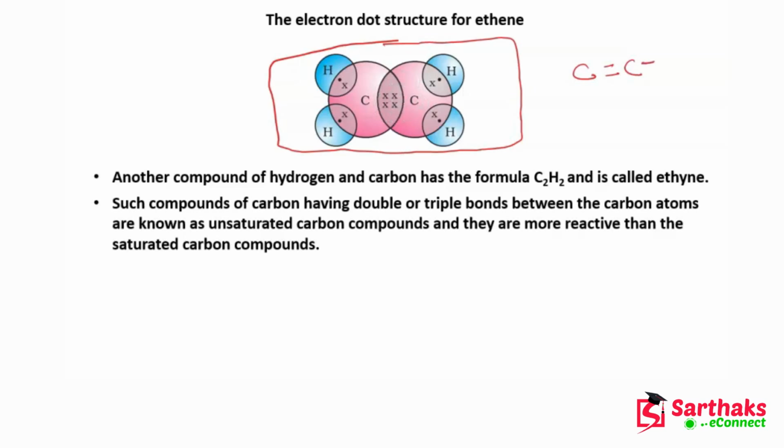The hydrogens are connected with a single bond, which means there is a sharing of one pair of electrons. Now you can see that the octet of this carbon has completed: 1 2 3 4 5 6 7 8. It means 8 electrons are present and the octet of each carbon is completed. So this is the electron dot structure for ethene.